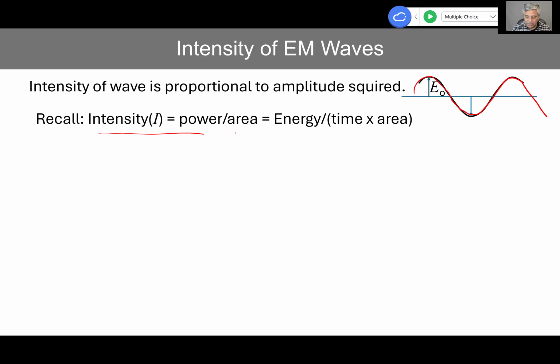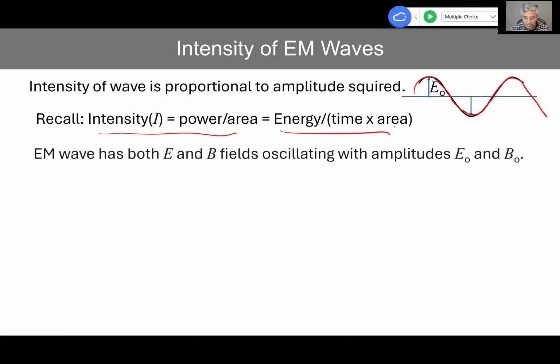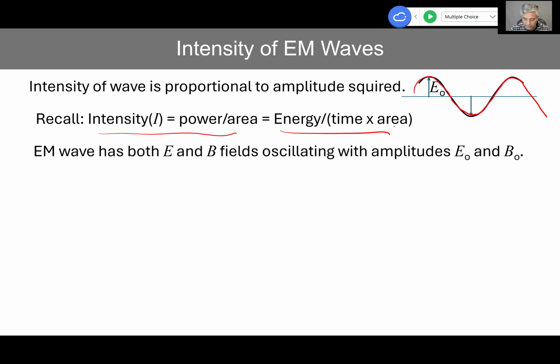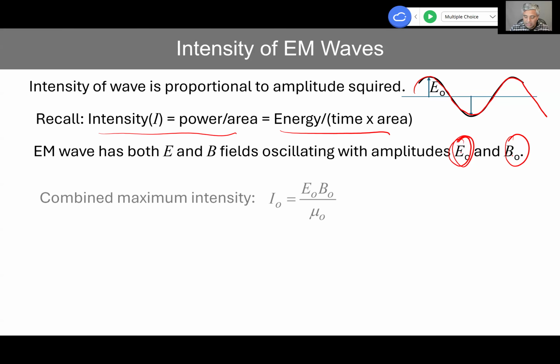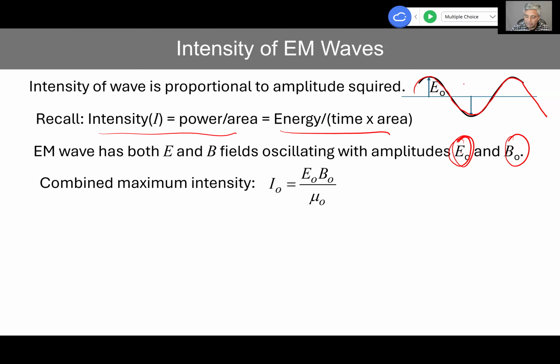This is just the general definition of intensity. We wrote that for the sound wave as well. The amplitude for the electric field is E subscript 0, and the same goes for the magnetic field with B. Remember, the amplitude comes out as E0 squared, but E and B are related through c.